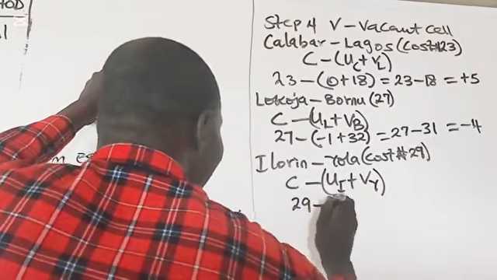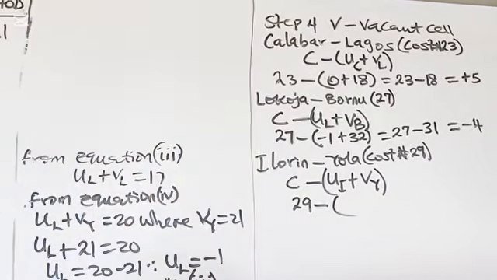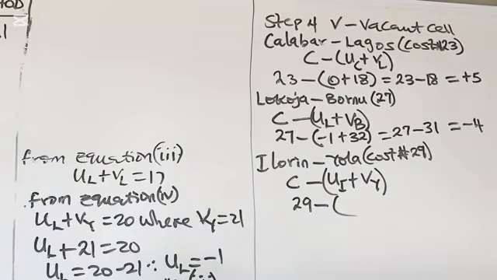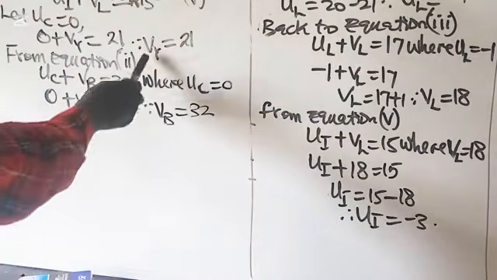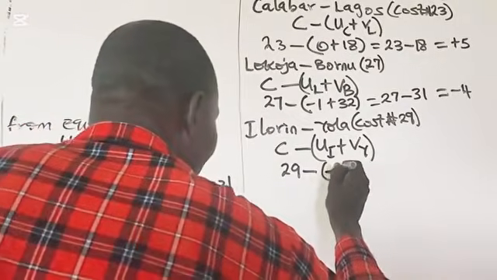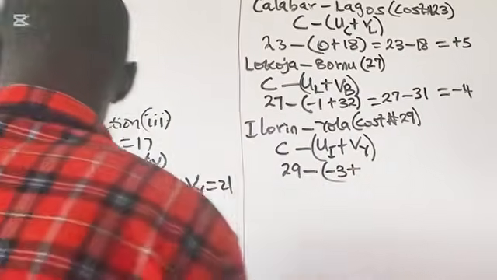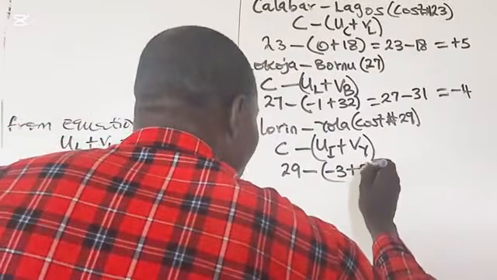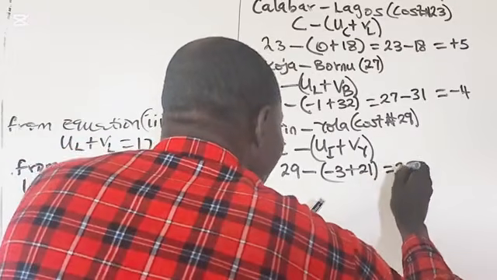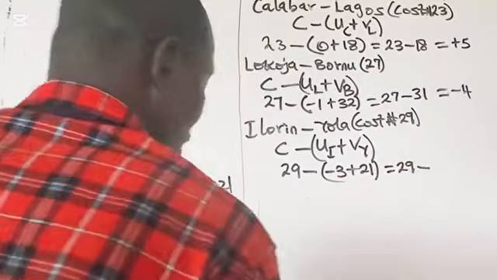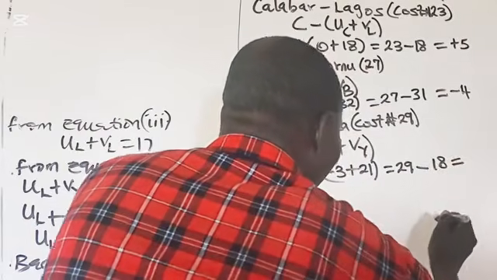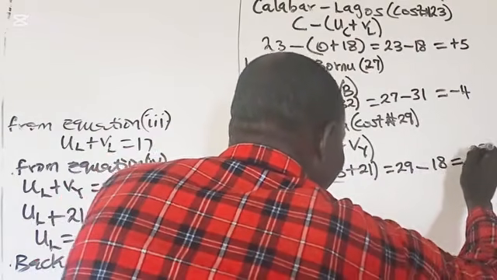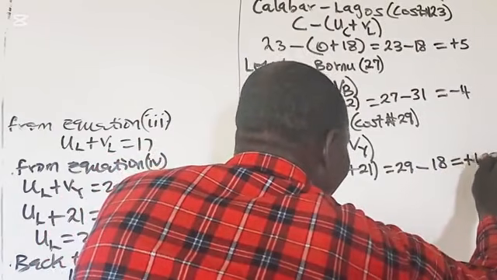We have 29 minus, what is the value of UI and the value of VY? UI is minus 3, while VY is 21. So minus 3 plus 21 is plus 18. If you subtract 18 from 29, you will be left with plus 11.